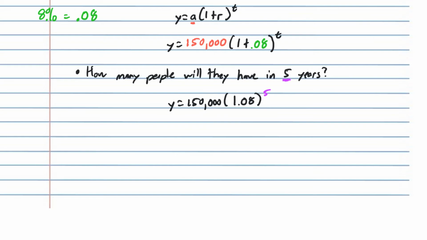So in a calculator, the way you would enter it in, right off to the side over here. We'll do this in class live as well. Okay, the keys you would enter would be 1.08. Okay, and then find the key that usually says x power of y.